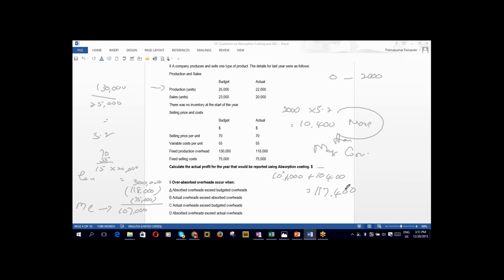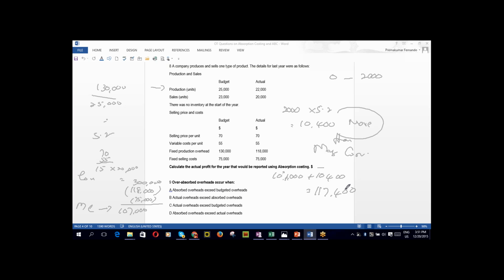So that is what we did first. We found the inventory. Inventory at the opening was 0, closing 2,000. So the overhead absorption rate is 5.2. So we knew the profit should be more by 10,400. Then we worked out the marginal costing profit, taking the contribution minus total expenses.